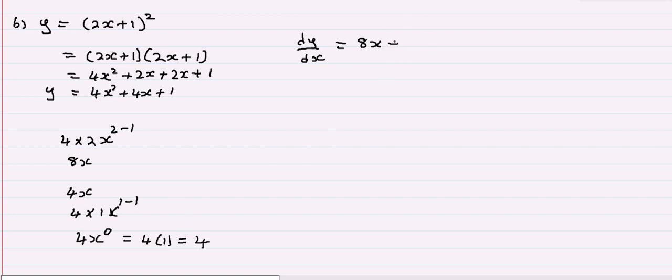So the derivative of 4x is 4. And according to the rules, the derivative of a constant is 0, plus 0. So if you want to simplify it, this will be 8x plus 4.